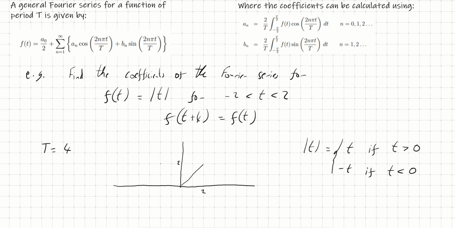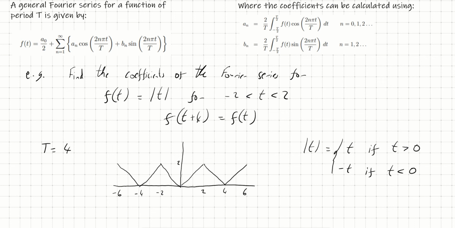So this is our mod function defined between -2 and 2, and by f(t+4) equals f(t), this is going to be a periodic function with period 4, so it's just going to repeat. So this is what our function is going to look like.